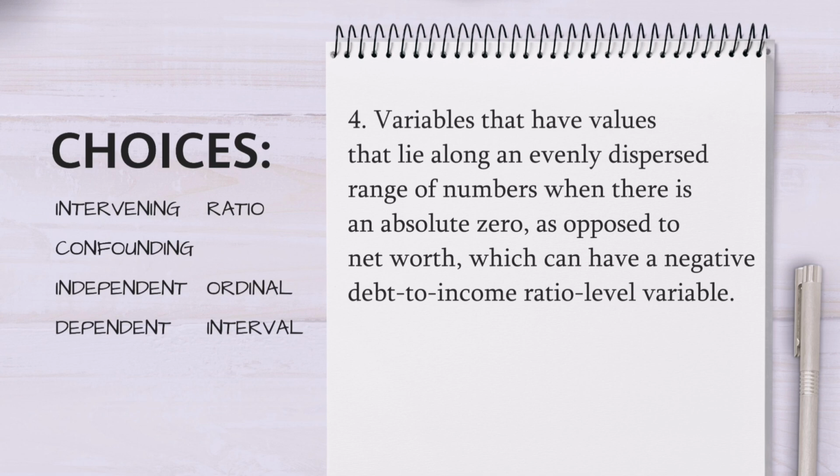Variables that have values that lie along an evenly dispersed range of numbers when there is an absolute zero, as opposed to net worth, which can have a negative debt-to-income ratio level variable. You got it, that's ratio.